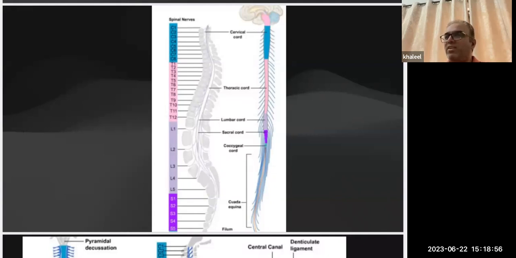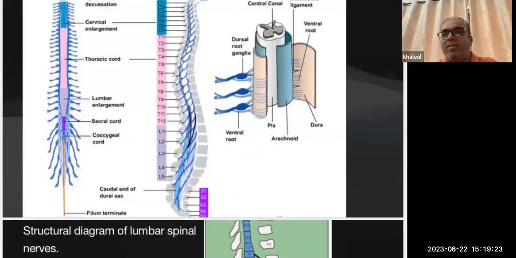So the C7 nerve comes between C6 and C7, and C8 is between C7 and T1. The T1 nerve comes below the T1 vertebra. So from the thoracic region, the nerves are counted below the vertebra, and this carries on to the lumbar vertebrae. However, the spinal cord ends at L1. From here comes the cauda equina, and then the filum terminale, which anchors the spinal cord.